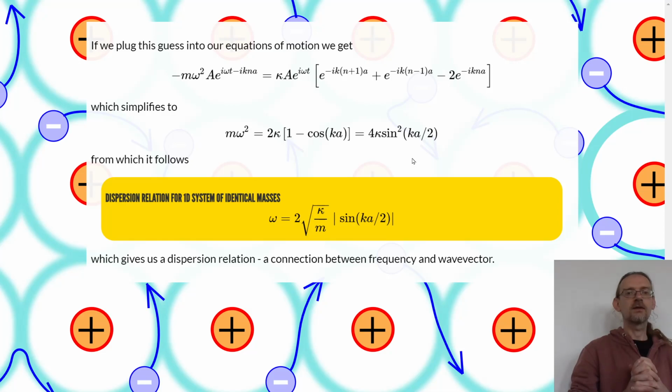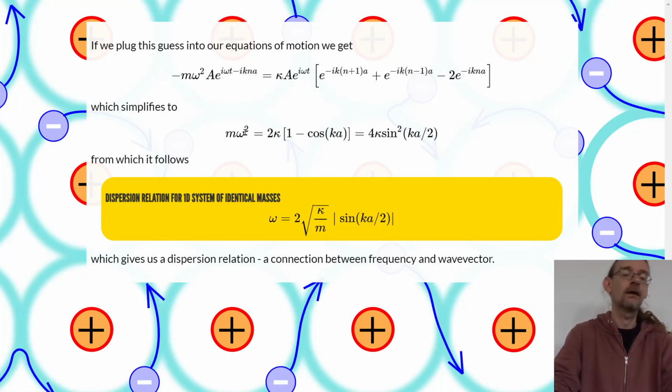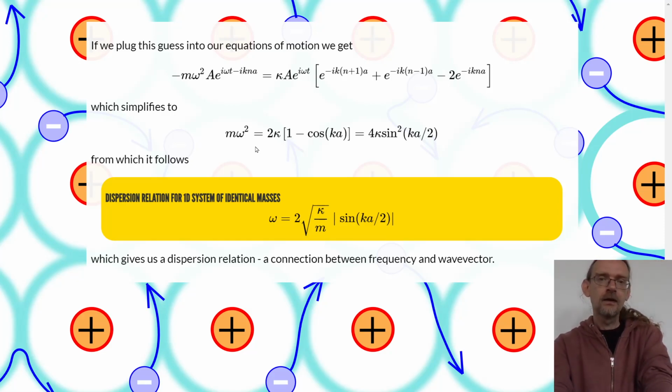In this case, we're saying that the displacements of the atoms should be periodic. We have some sort of resonance where they're all moving in or out of phase with each other. So again, we put in a trial solution that's periodic in the displacements. And so what we get in the end, I've got an omega squared here, which came from the second derivative with respect to time of our trial solution.